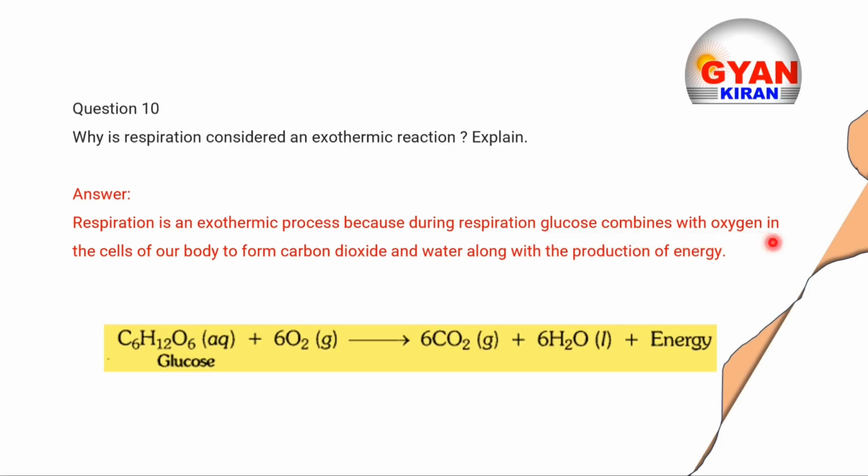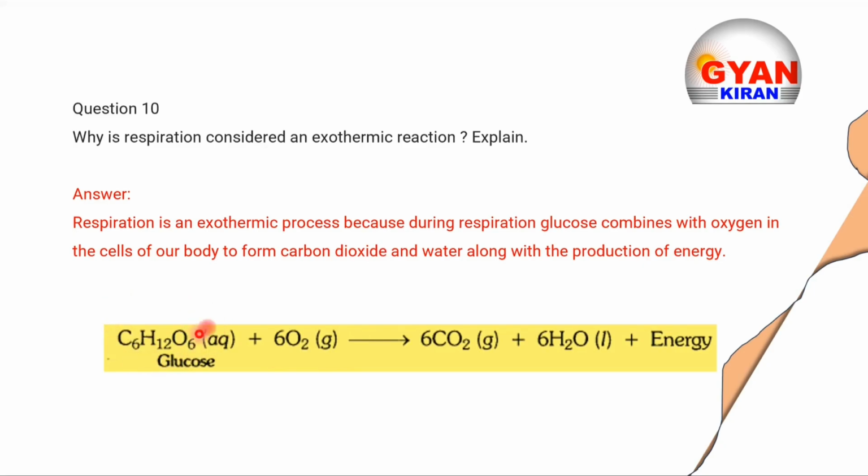Glucose combines with oxygen in the cells of our body and it forms carbon dioxide and water, along with the production of energy. This energy is in the form of heat, and hence in respiration heat is liberated. That is why respiration is considered an exothermic reaction.